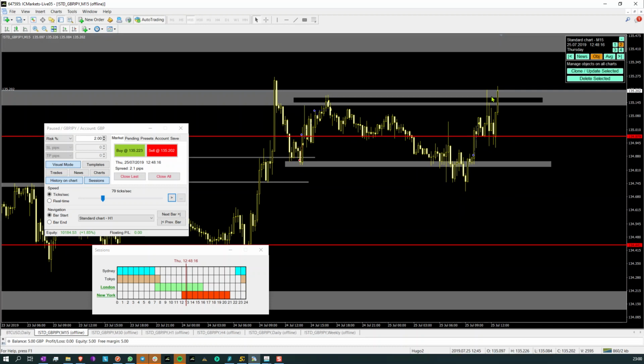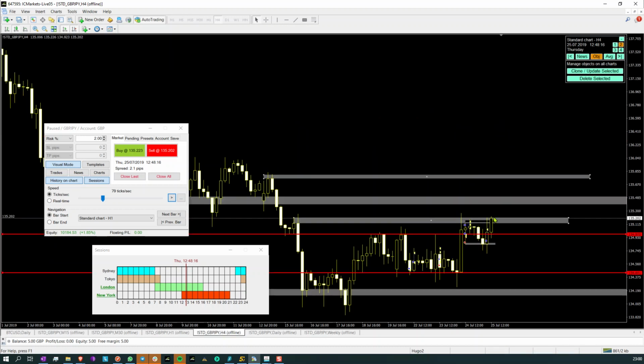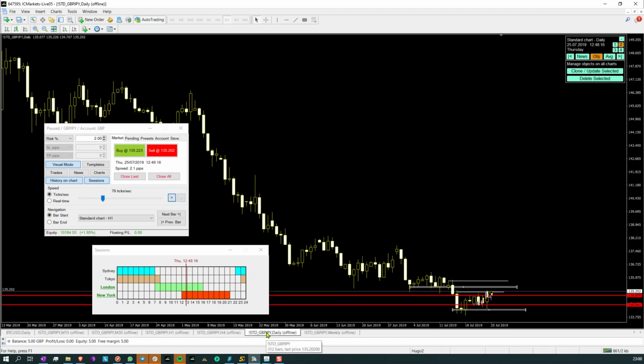So I think I'm going with stop below this M15 candle here and try to reach the next zone. This zone in here. Not 4 hour, it's the daily zone. Trying to reach the daily zone.